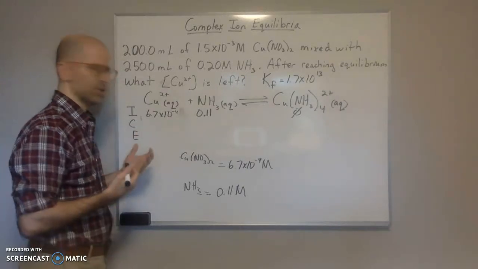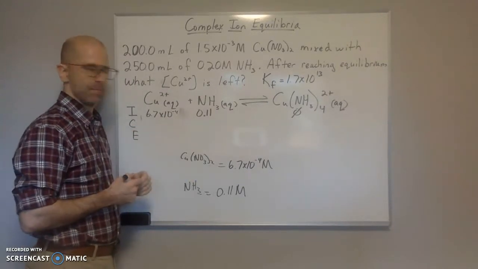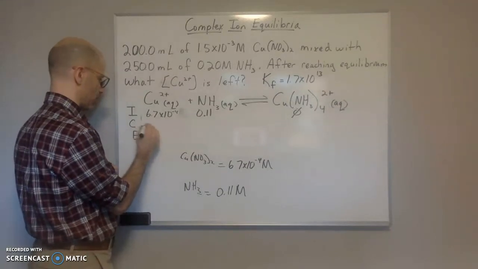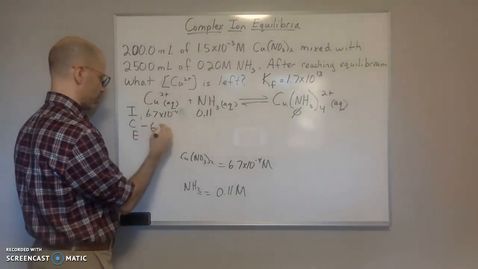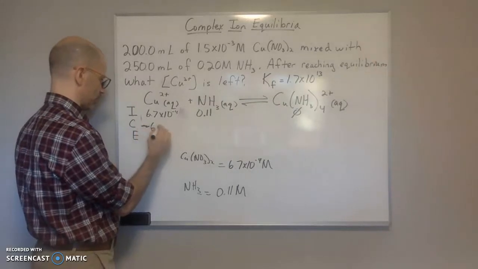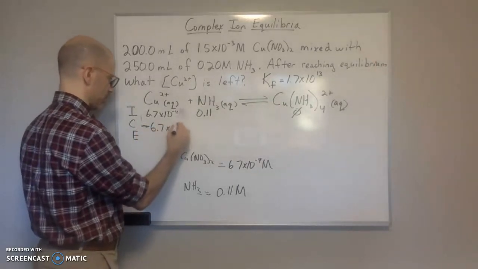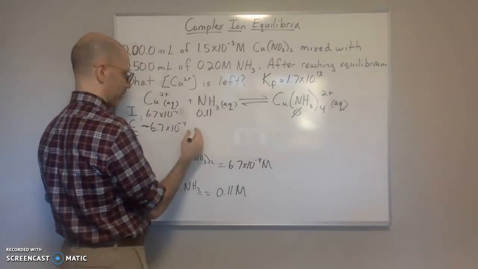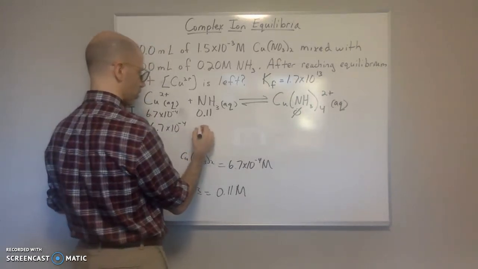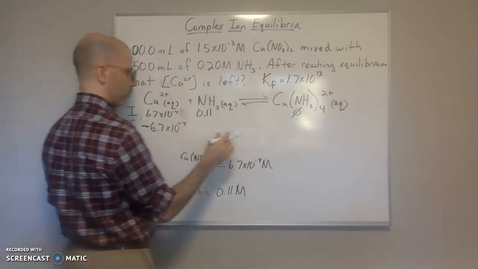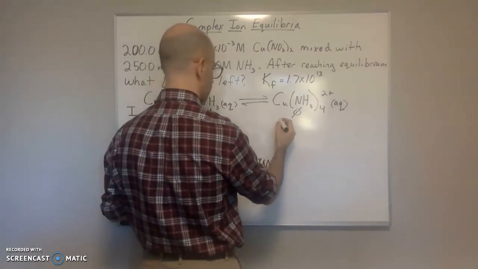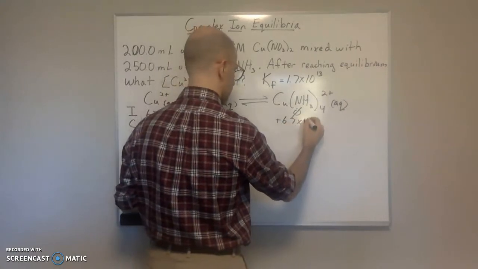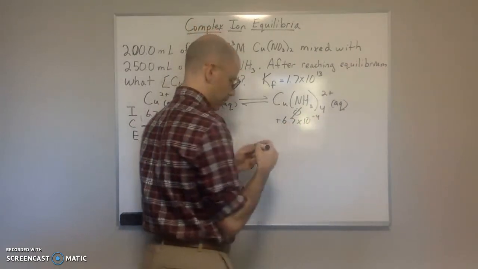So it's pretty much going to be driven in this direction, so we can assume that hardly anything is going to be left. So we're going to lose approximately 6.7 times 10 to the negative 4. And the same with here. So we're going to lose this, and we're going to gain the same amount here. So this is going to be plus 6.7 times 10 to the negative 4.